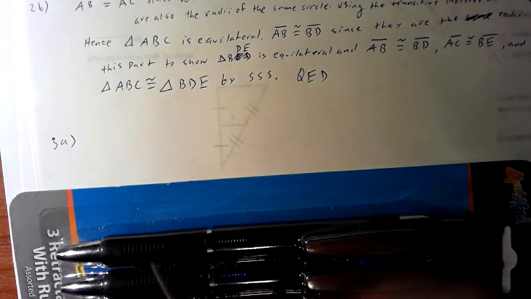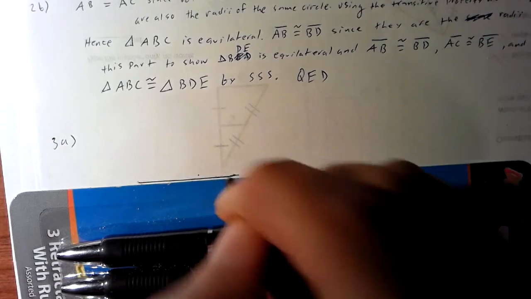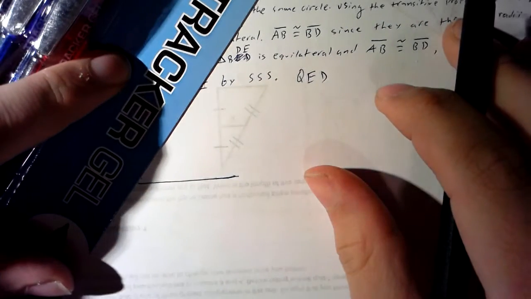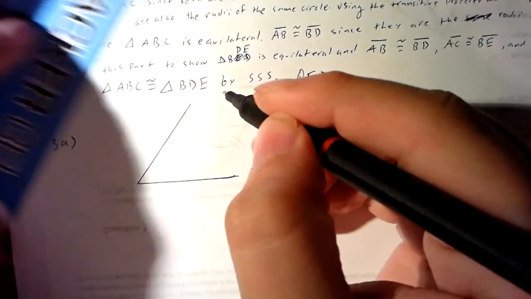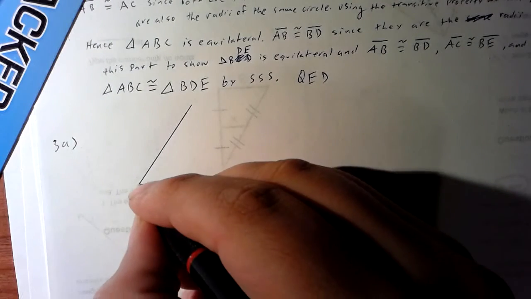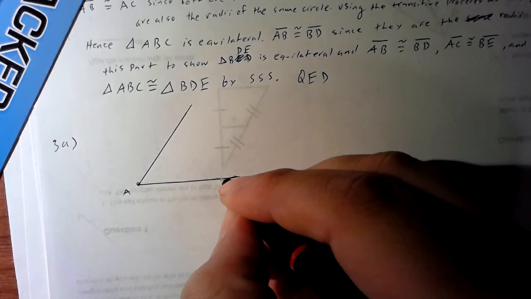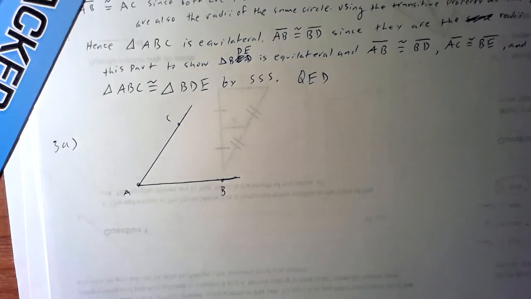So let's just draw an arbitrary angle. So let's do it like this. Okay, like that. And then this will call it point A. Then maybe somewhere out here we can call this point B. Point C. Notice these points are arbitrary.